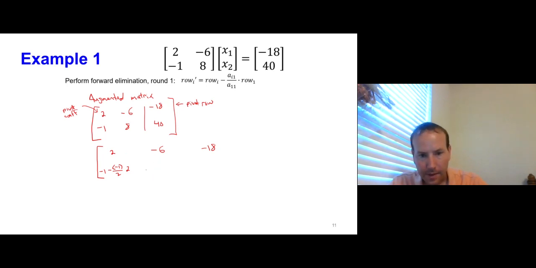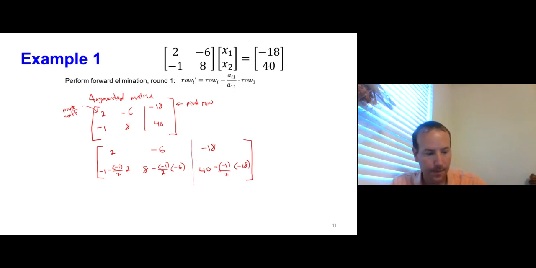And then in the next one, it's 8 minus -1 over 2 multiplied by -6, because that's the corresponding value up in row 1, our pivot row. And then finally, we had 40, and we're going to modify that by -1 over 2 times -18.